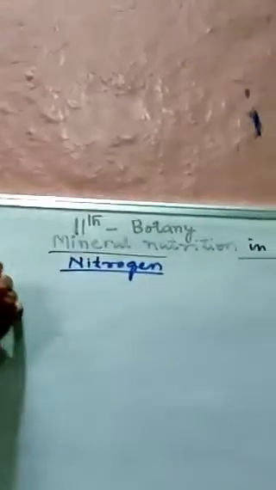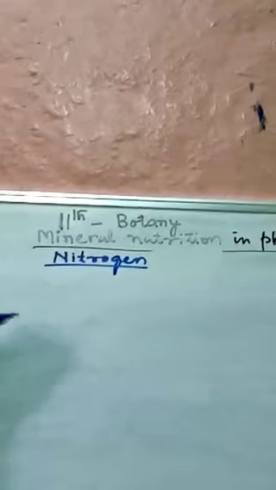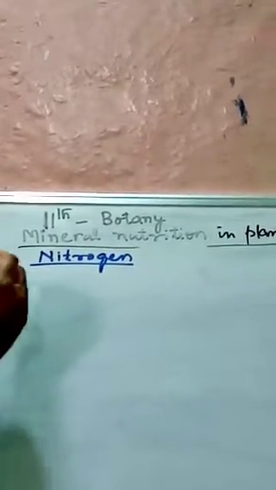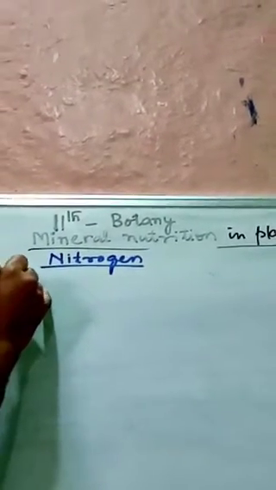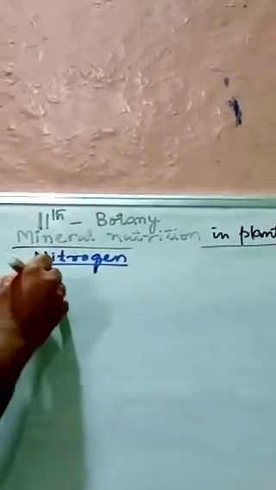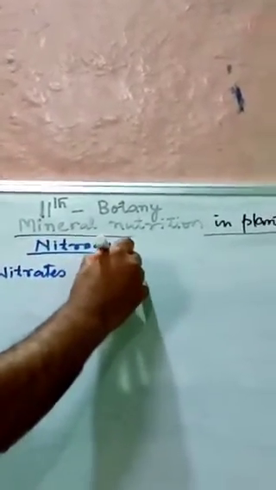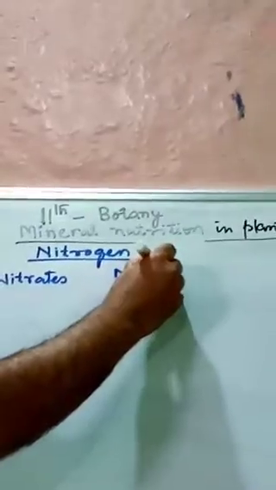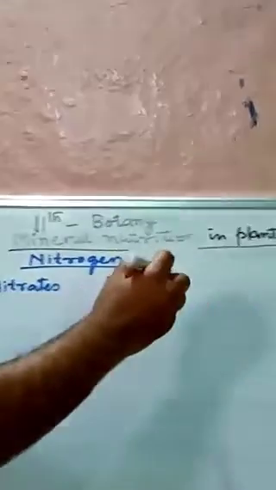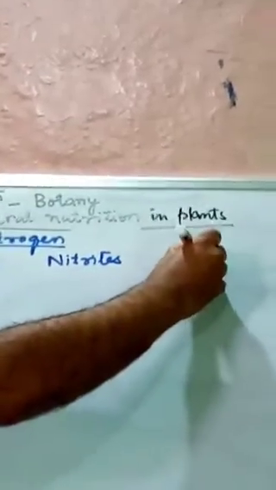It is available to the plants in 3 different forms. First one, nitrates. Second one, nitrites. And third one is the ammonium salts.